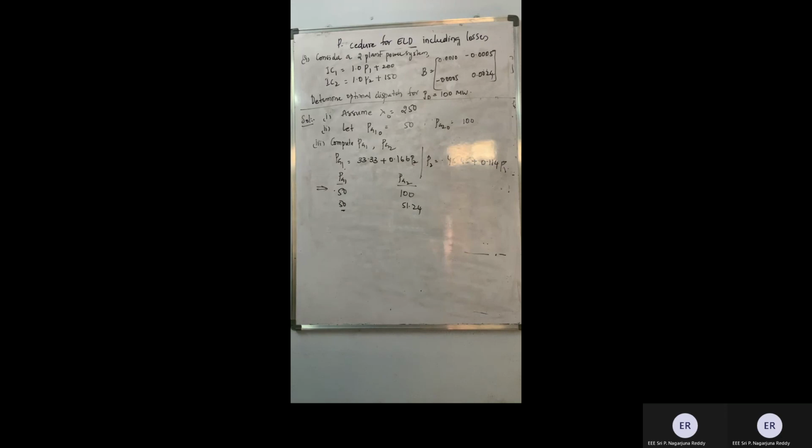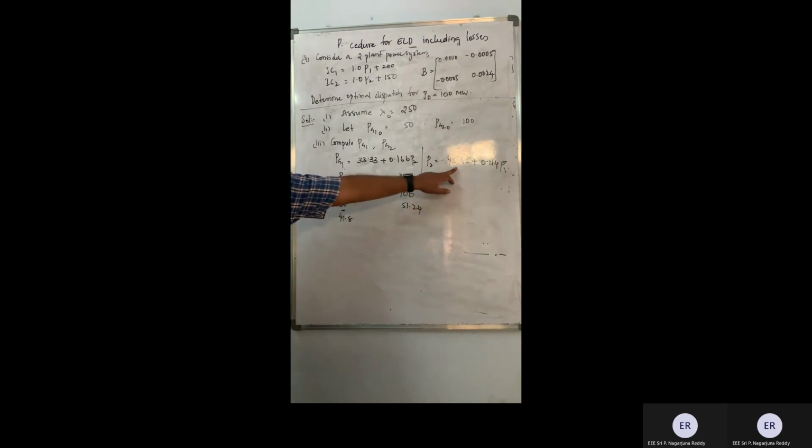Now we will see 0.166 into 51.24 plus 50, minus 50 plus 33.2. So its value is 41.8. Substituting again for this equation, I will be getting 41.8.